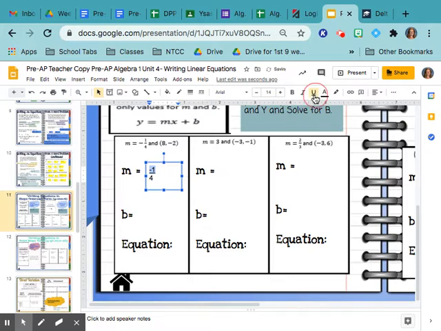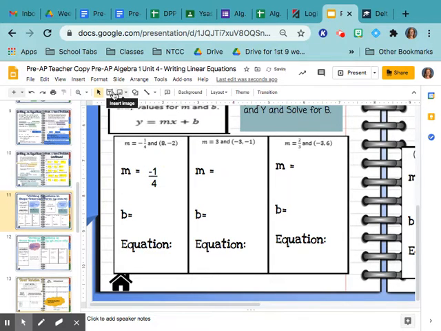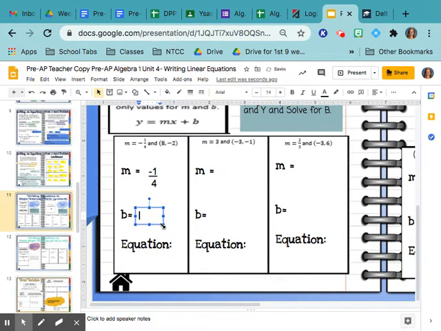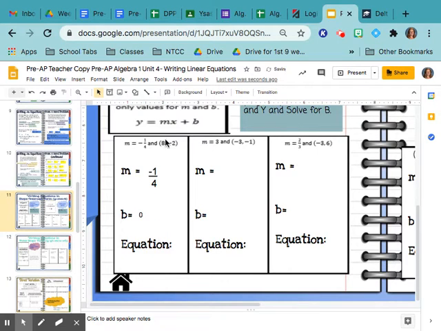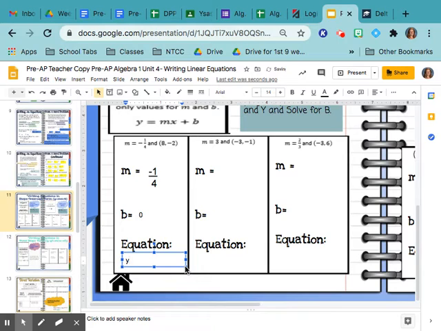You have this underlined. And then the b is 0. So the equation is y equals negative 1/4 x. That's it.